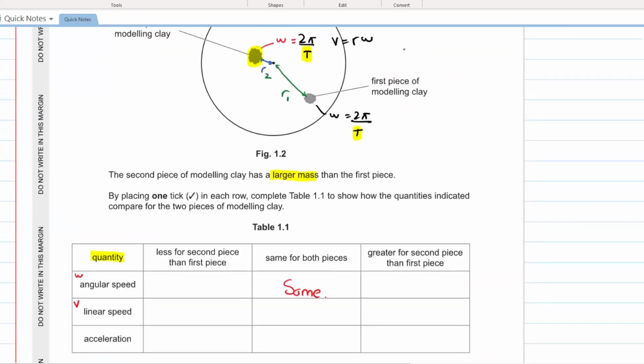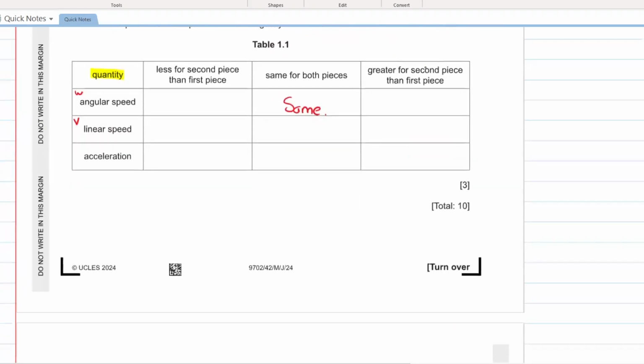This is R1, this is R2. If R1 is greater than R2, your velocity of 1 will be greater than velocity of 2. Simple as that. Nothing complicated here. नहीं नहीं, मास का इफेक्ट बेटा वेलोसिटी में नहीं होता. अच्छा, लेस फॉर सेकंड पीस देन द फर्स्ट पीस. दिस इज योर आंसर.